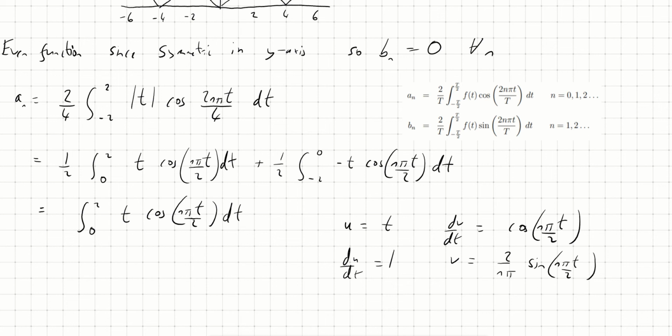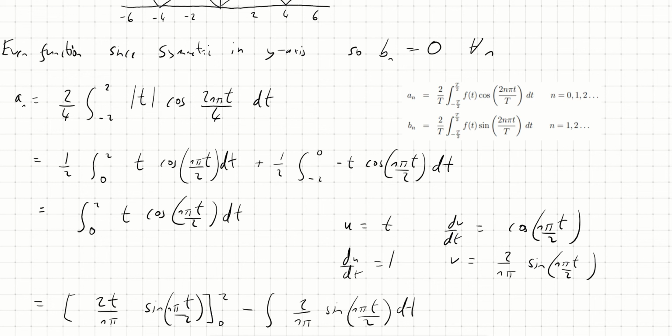Okay, so we do this integral, we get uv is 2t over n pi sine n pi t over 2, between 0 and 2, and then we have to subtract the integral of v du by dt. Well, thankfully du by dt is 1, so this is just v, 2 over n pi sine n pi t over 2 dt between 0 and 2.